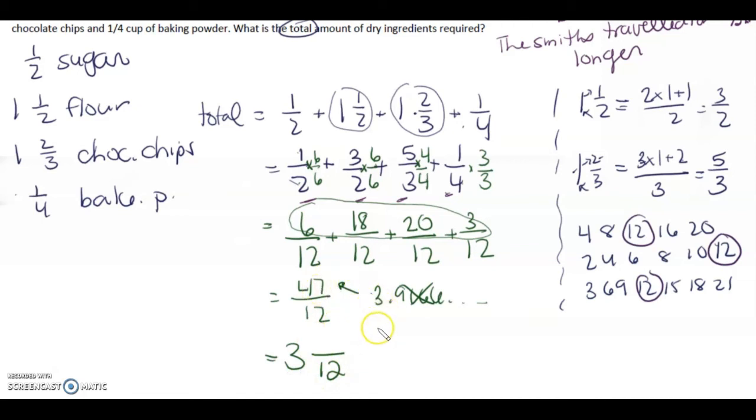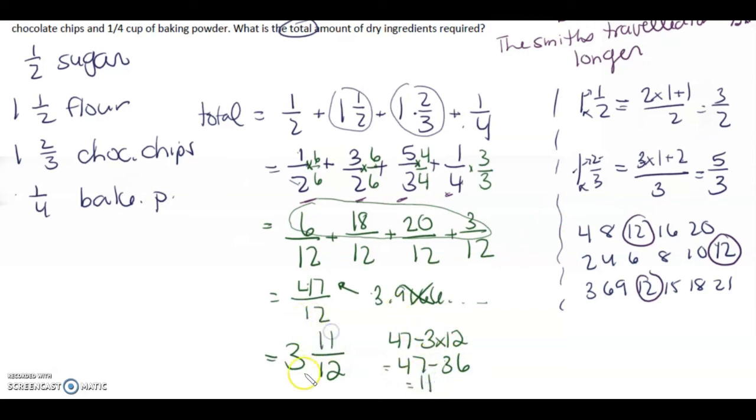Now, we're going to use the formula from yesterday, 3 times 12, and we're going to subtract 47 minus this. So 47 minus 36. And if we do 47 minus 36, we get 11.